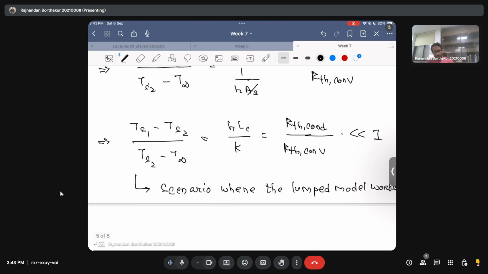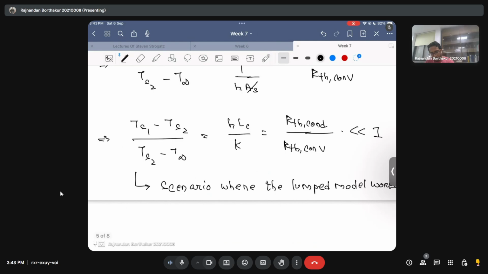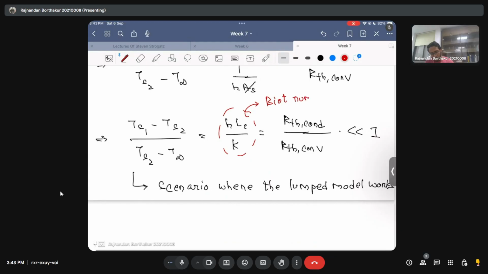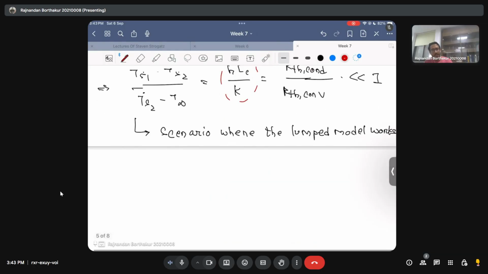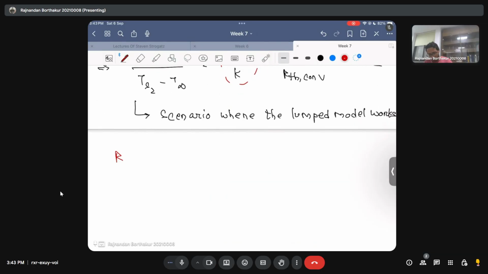In order to quantify this number that you have written here, hLc by k, this has got a special name. This is known as the Biot number. And for the lumped capacitance model to be valid, you can thus infer that your Biot number, which we generally call Bi, has to be less than 1.